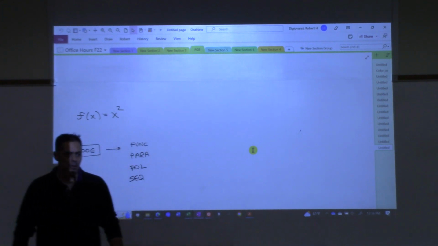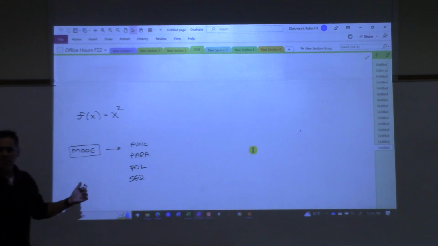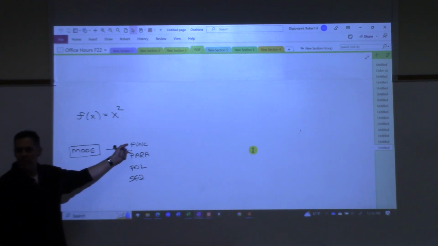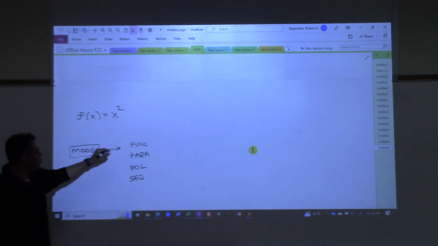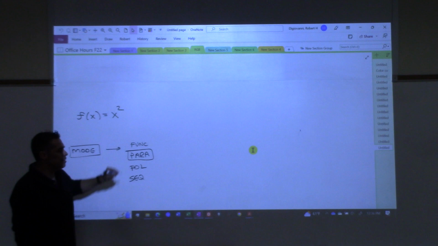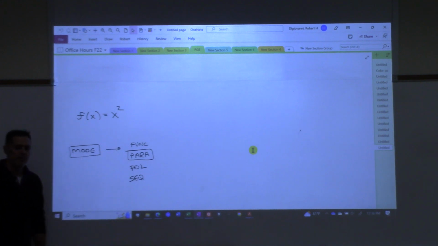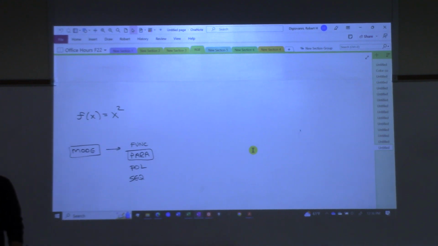Right now the standard default setting is func, which means your calculator is looking for functions of x. We are going to switch into what's called parametric. So switch to parametric on your calculator, and then go back to the same place you would go to type in a function, the y equals button.